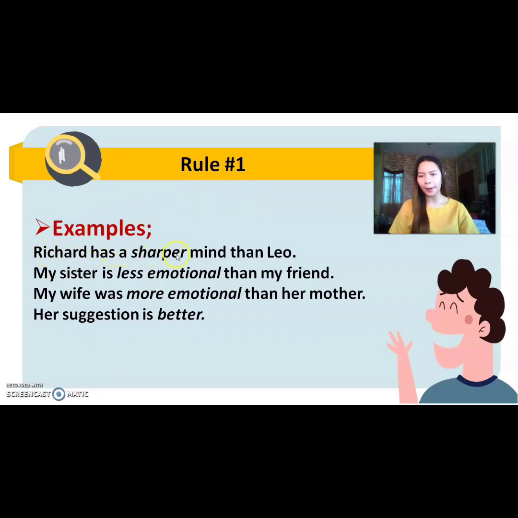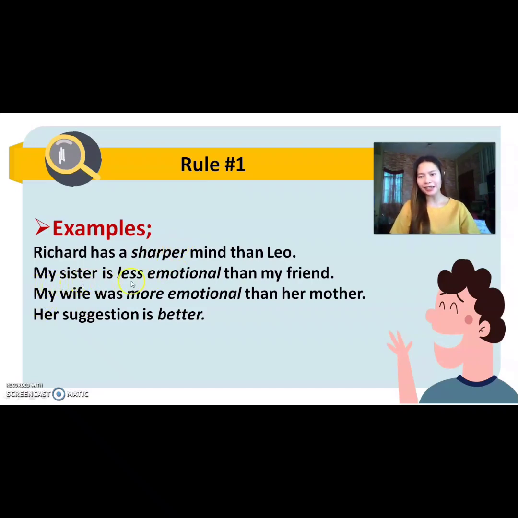Richard has a sharper mind than Leo. So we have here the regular adjective sharp, which was added with er. That makes a comparison. So Richard and Leo here are being compared. So sharper is the adjective in the comparative degree.